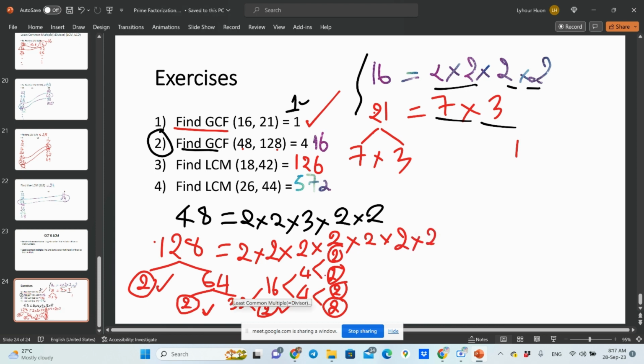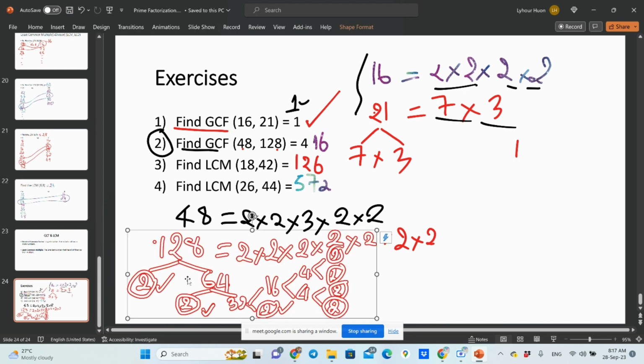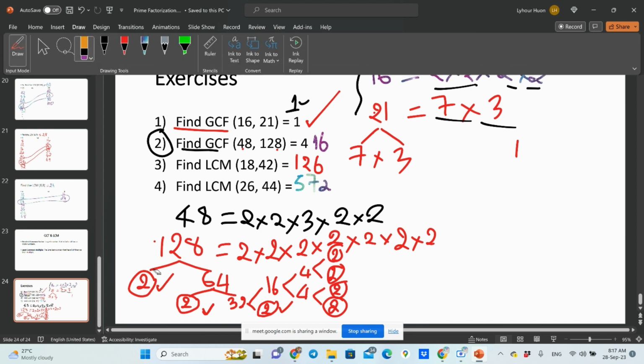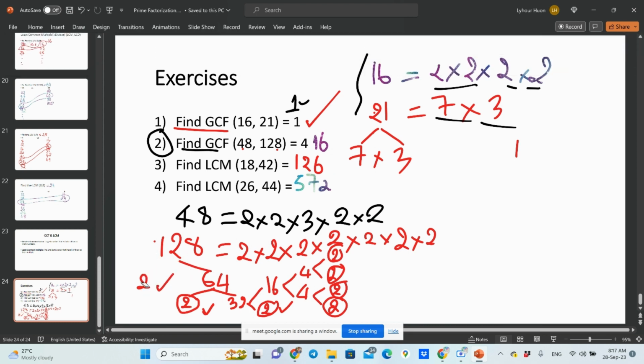Okay, let me delete this graph. That is our 2 to the power of 7.